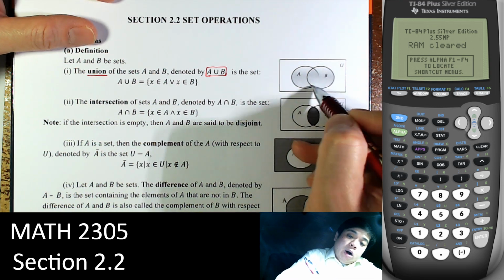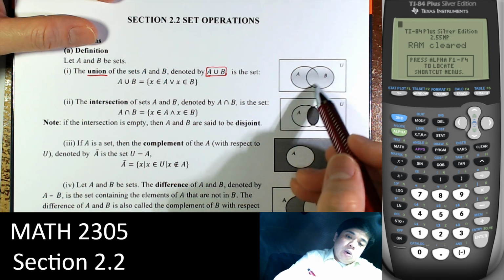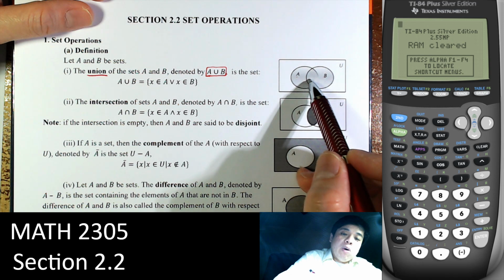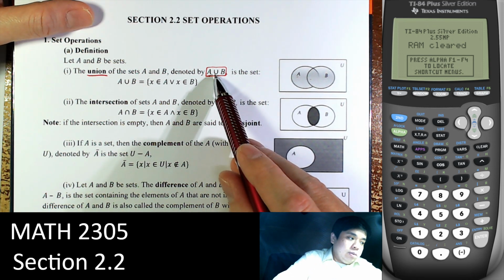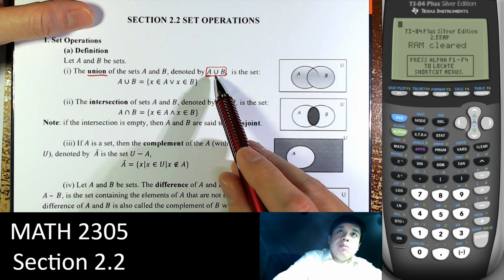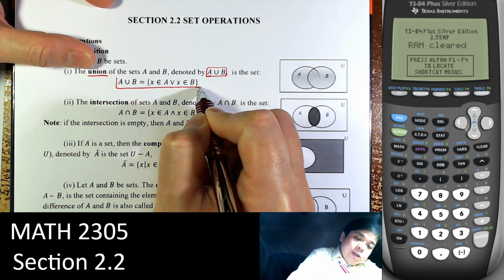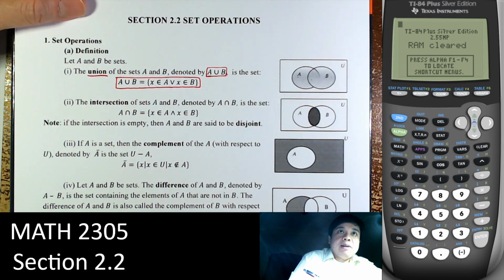In the Venn diagram, we draw two circles overlapping, like the MasterCard. So it could be in A, could be in B, could be both. That is called A union B, right? So we have that.